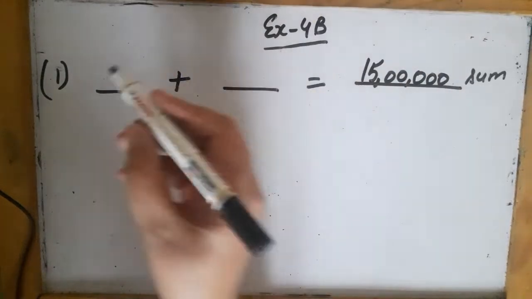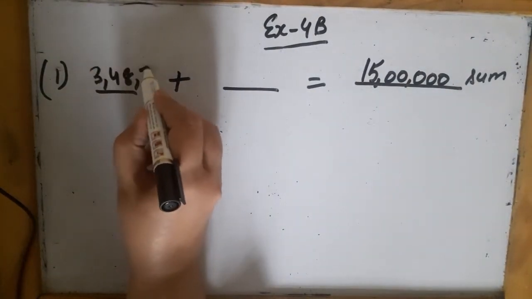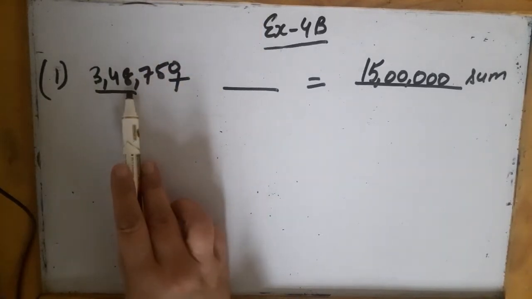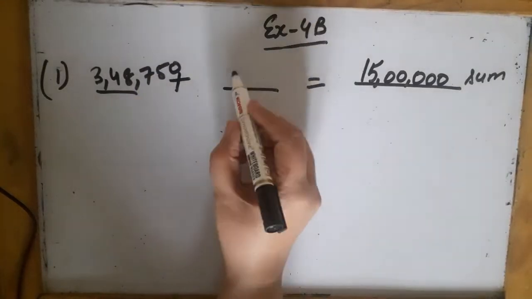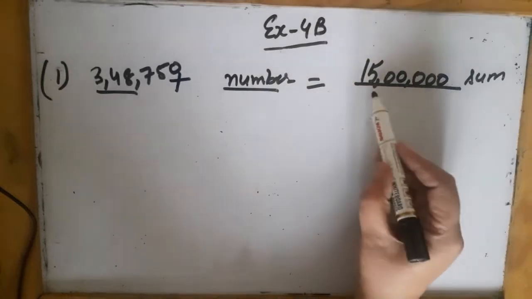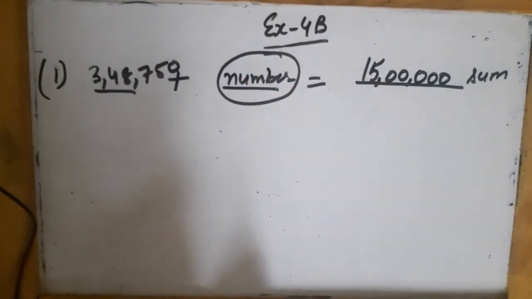They are saying the sum of 3,48,750 and a number, I don't know the number, is 15 lakhs. And they are asking you to find this number.